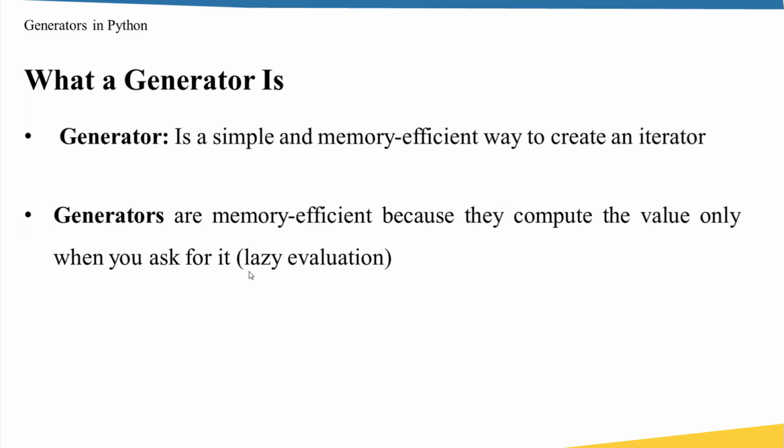Because a generator will help you write code which is able to read the file one line at a time. You can process this line, count how many hello words you have in this line, and then throw this line away and get the next line. And as you see here, I'm able to process a very large file using a very small amount of memory. And why are we able to do that? Because we are using generators.